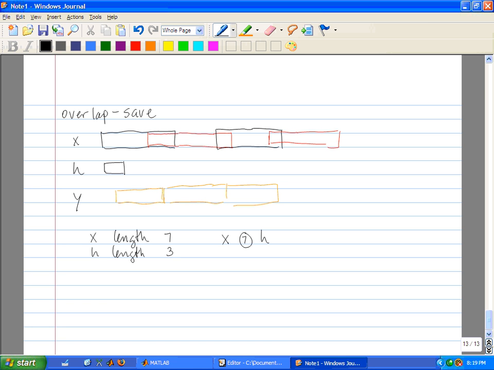All 7 of them should be... 5. How do you get 5? We subtract m minus 1, which is the length of h minus 1. This is the part rejected. So it should be 7 minus 2.